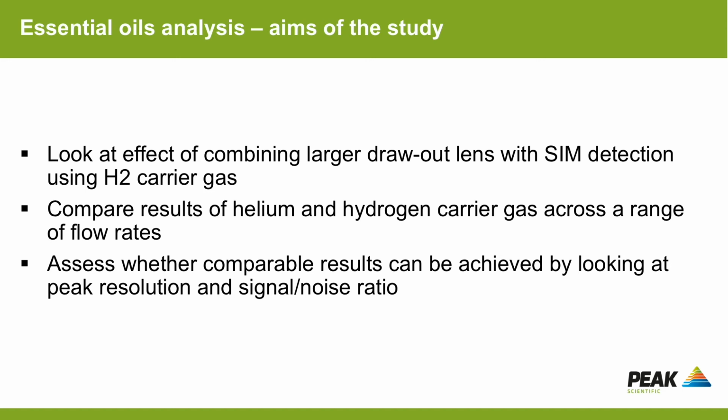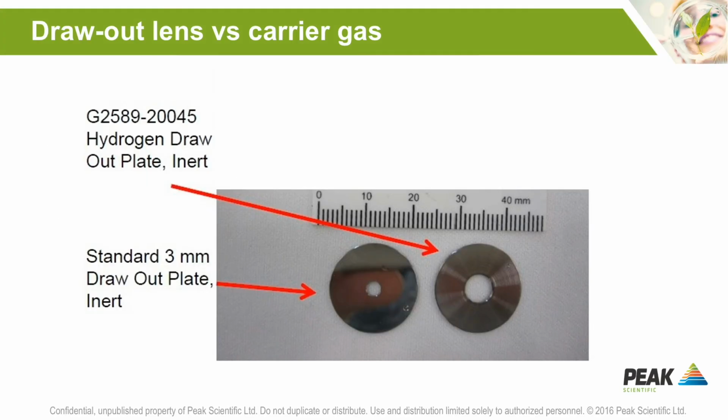So we compared the results from helium and hydrogen carrier gas across a range of flow rates, and then we just assessed the results by looking at peak resolution and signal to noise ratio of essential oils. So the image here shows the draw out lens. The instrument used here was a 5975 GCMS.